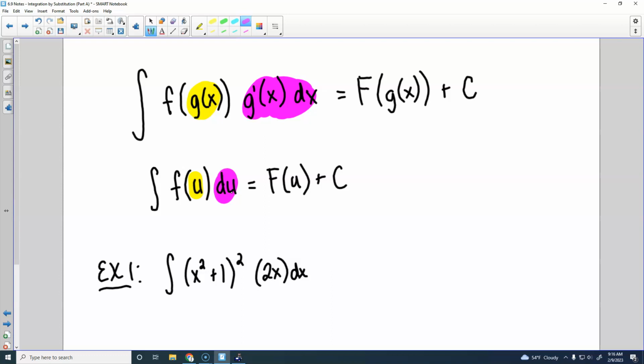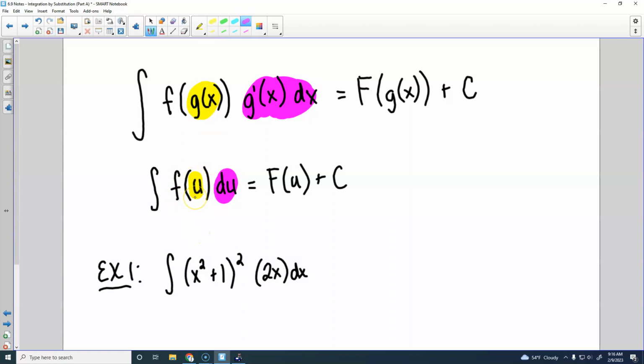So u here just represents some sort of equation, right? It could be x squared plus 4. It could be e to the x. It's the inside part, right? You could also use g of x to represent that.